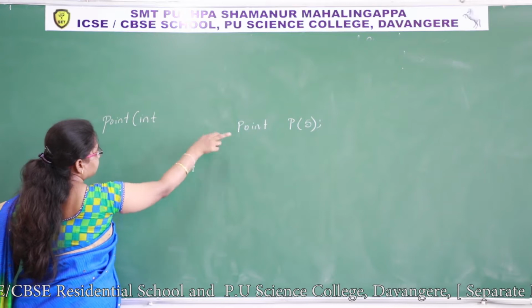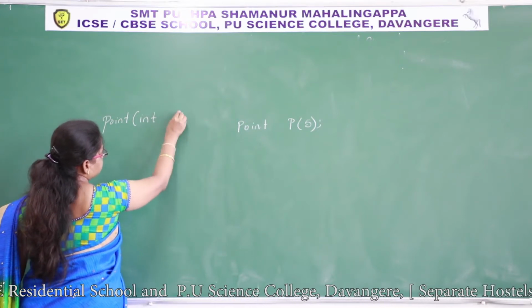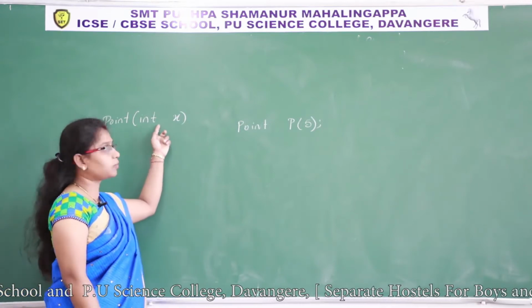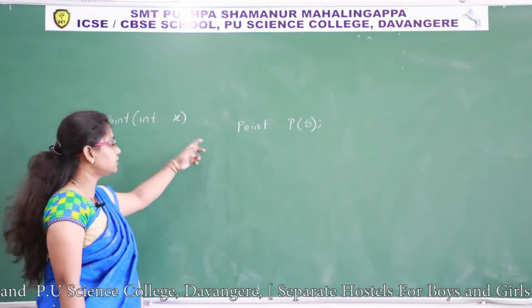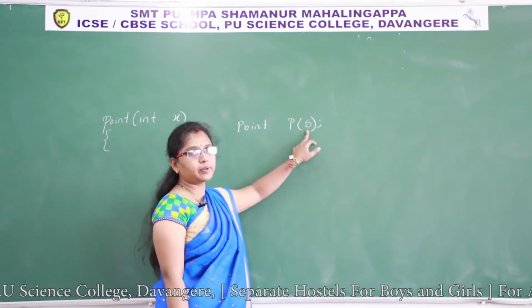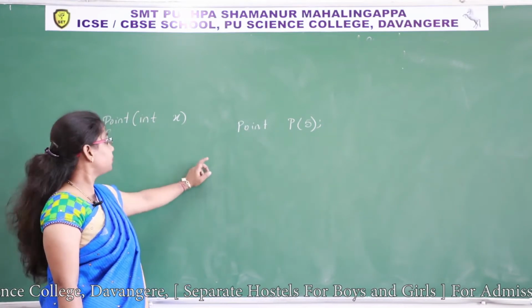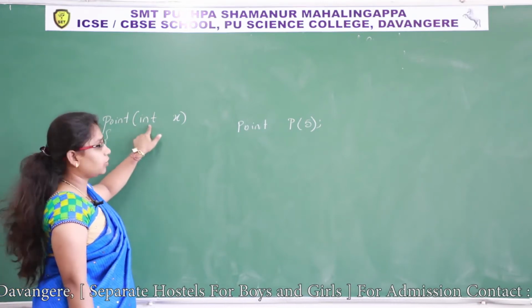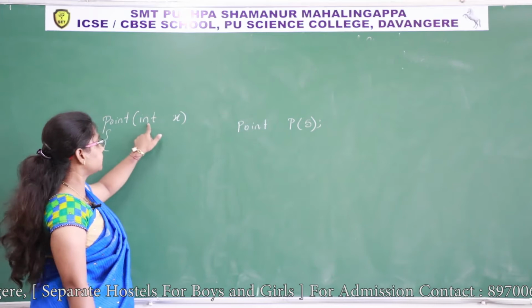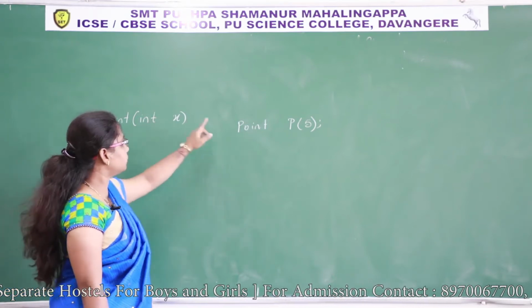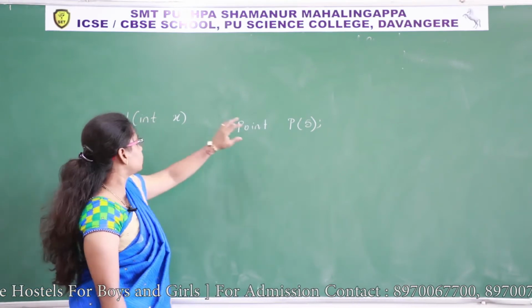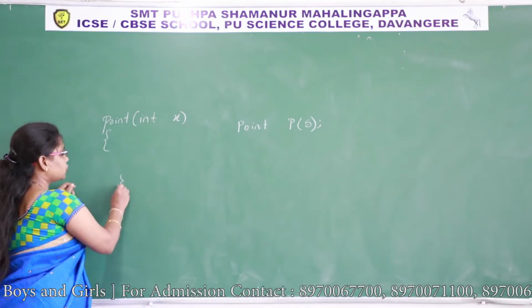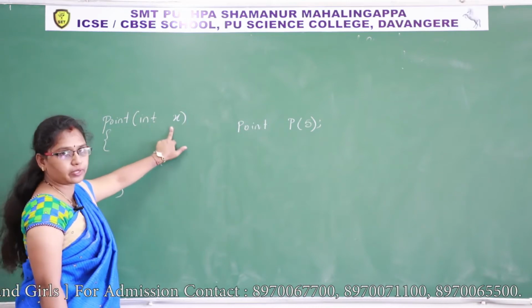To receive that argument I take a formal argument, which is of integer type. There is a matching constructor, and it receives the argument.